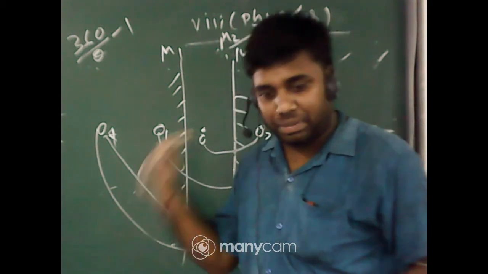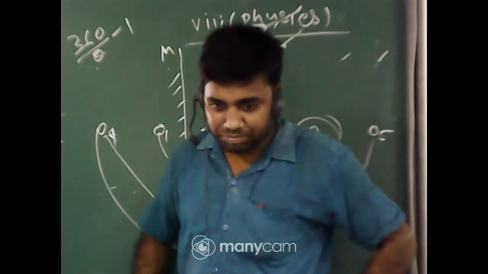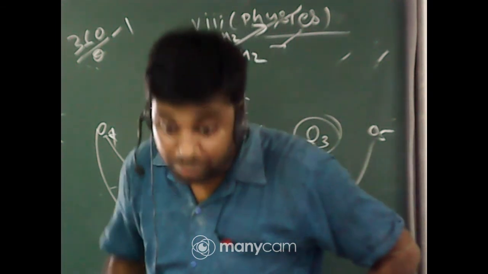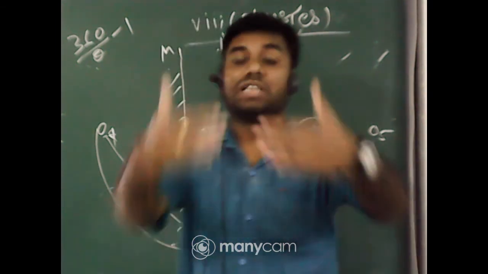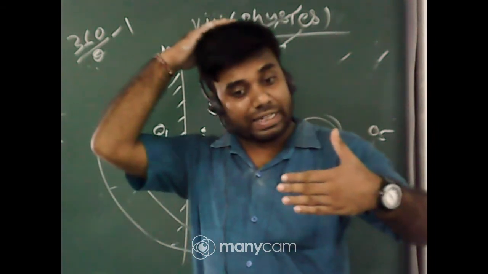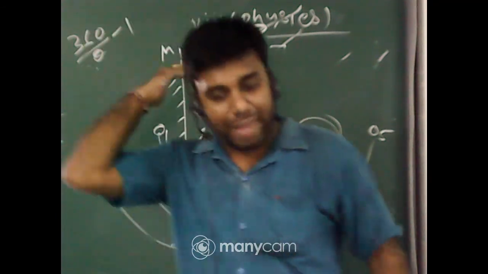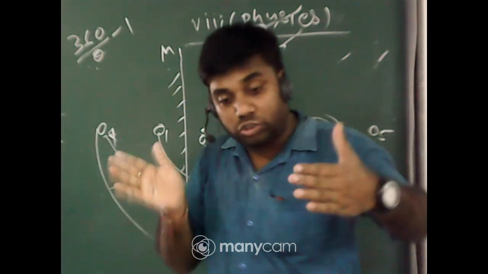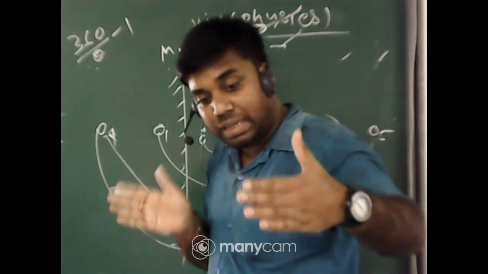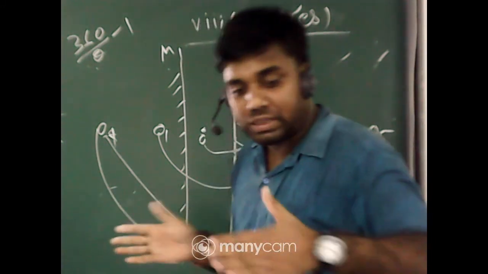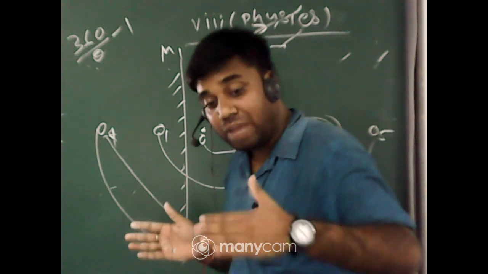In a barbershop, very good. When we are getting our hair cut in front of one mirror, and at the back of our head there is another mirror, these two mirrors are kept parallel. So we see an infinite number of images there.